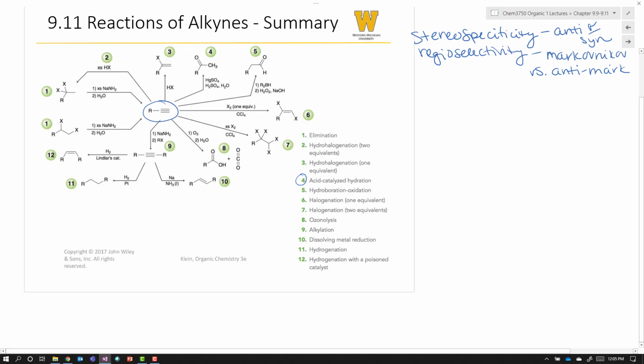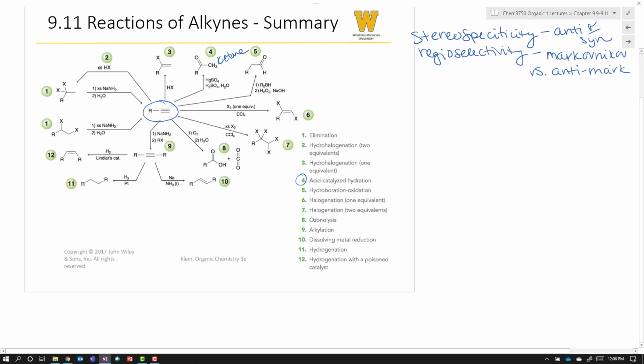So when you see mercuric sulfate and an acid and water, you're always going to be going from a terminal alkyne to a ketone in an acid catalyzed reaction. So get used to saying what type of reaction you're doing. Get used to saying what the starting material is, terminal alkyne. The product is a ketone.